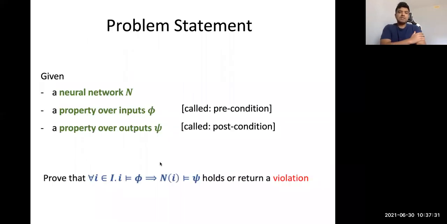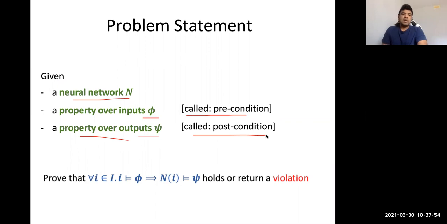So we'll begin with the problem statement for our automatic verifier. Given a neural network N, we have a property over the inputs, phi, that would be our precondition, and a property over the outputs, psi, that would be our postcondition.